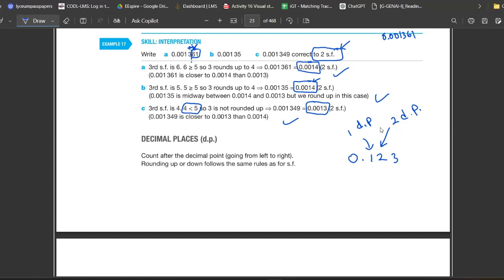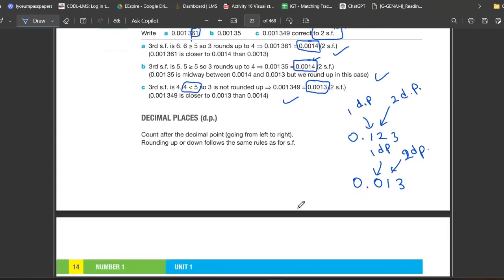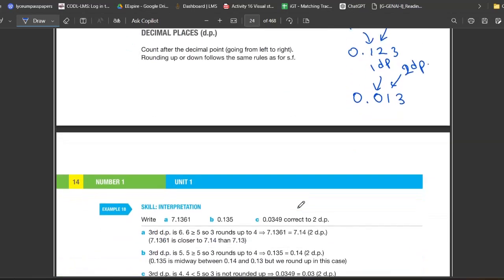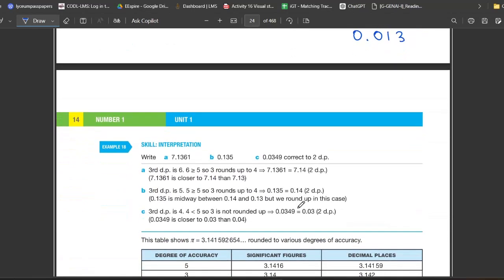Unlike significant figures, this is the first decimal place no matter whether it is 0 or not, and this is the second decimal place. When rounding, the same rules apply.